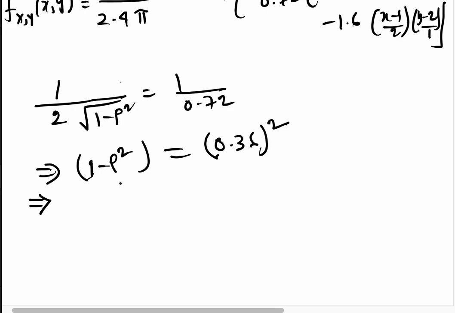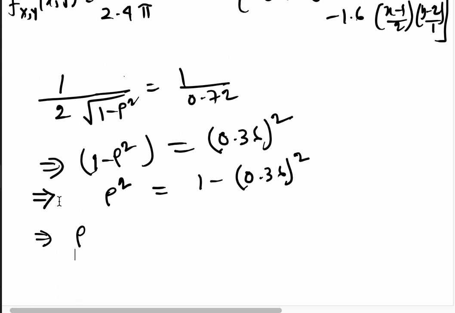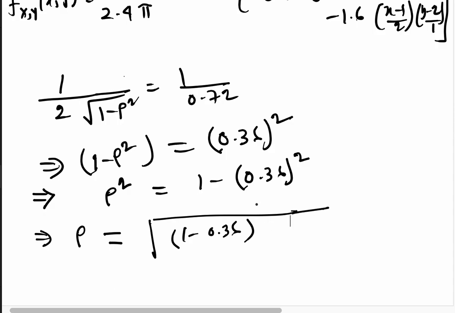Okay, let me calculate it. Rho square is, okay, 1 minus 0.36 its square. So rho is root over of this, 1 minus 0.36 into, let me, okay, I think is it correct?